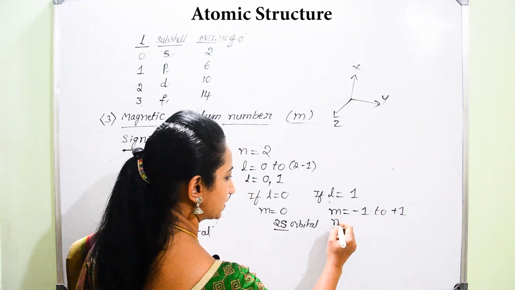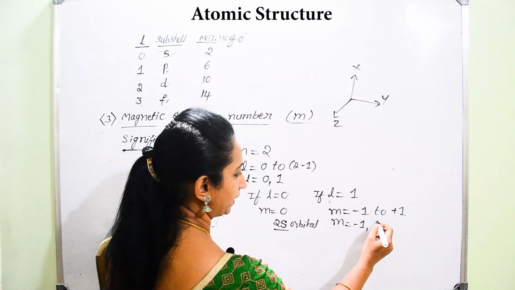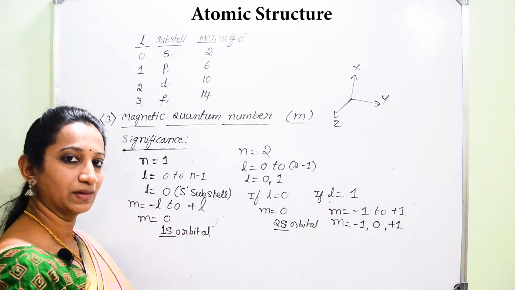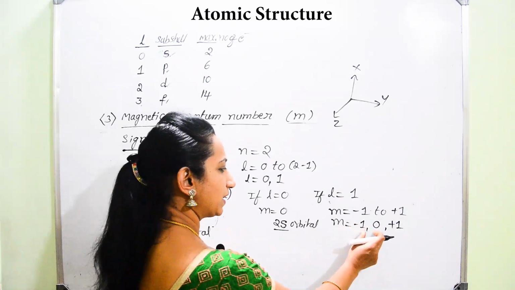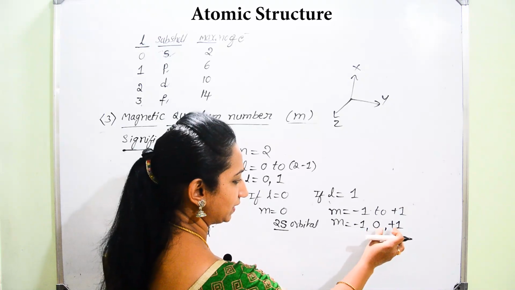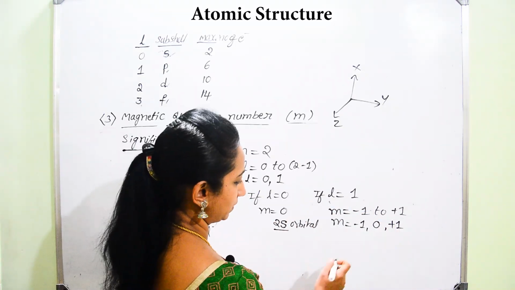What are the numbers present between minus 1 and plus 1? After minus 1 you will write 0, then the last one, plus 1. How many numbers are we considering? You don't consider the value, you just consider these are 3 different numbers. Now minus 1, 0, plus 1.